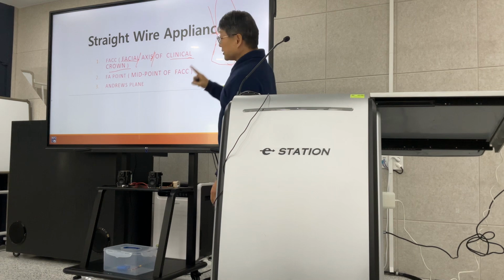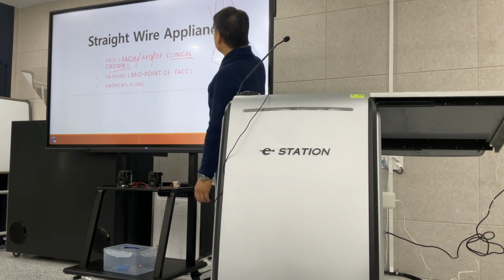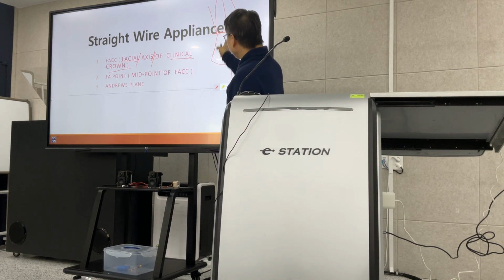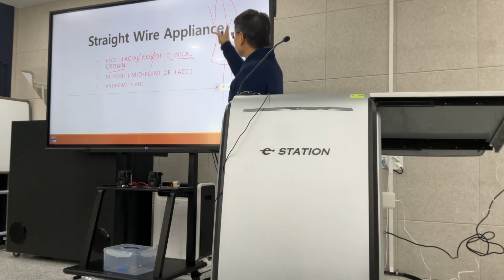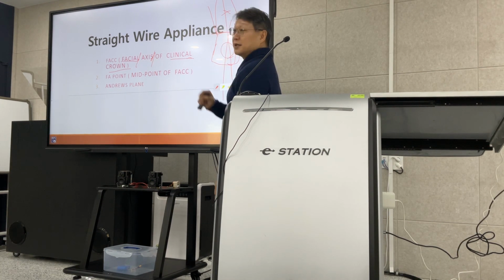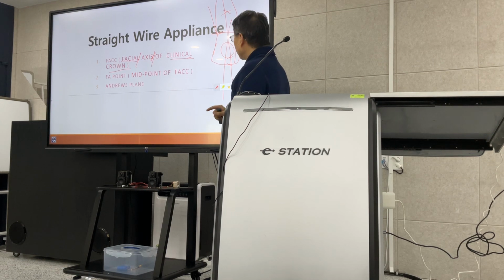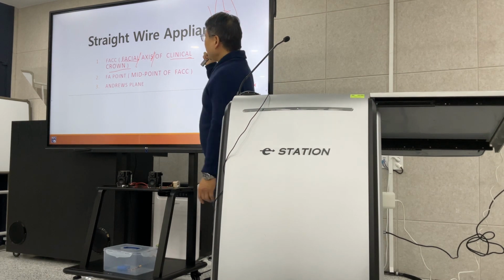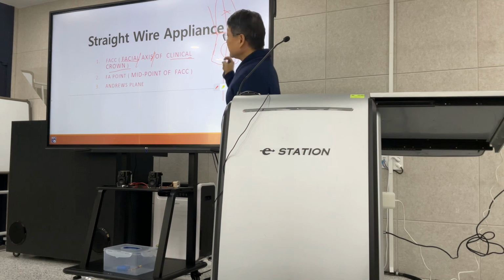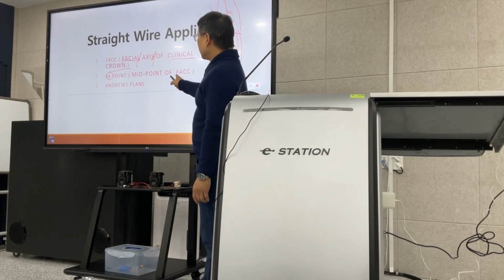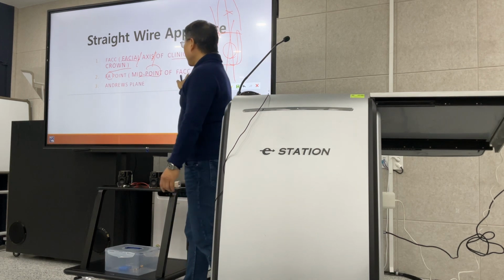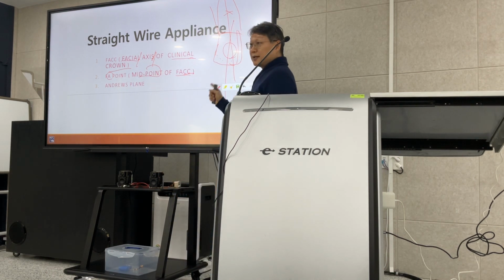So there are two kinds of axes. One is the root axis, the other one is the facial axis. Just think about not here, just focusing on here. So the main point is the facial axis, and the other one is the FA point. The FA point means the midpoint of the facial axis of the clinical crown.